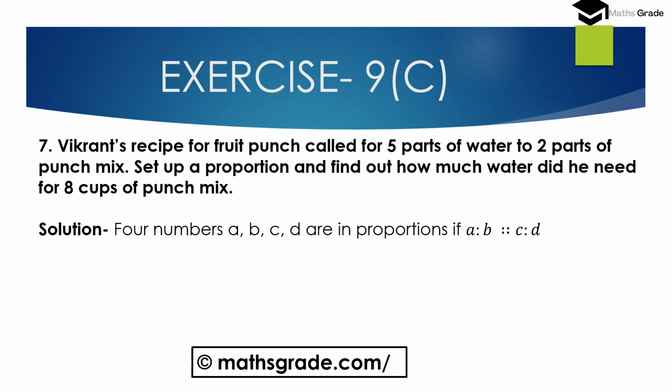Now we will solve question number 7. Bikram's recipe for fruit punch called for 5 parts of water to 2 parts of punch mix. Set up a proportion and find out how much water he needed for 8 cups of punch mix. We have to find the quantity of water for 8 cups of punch mix.